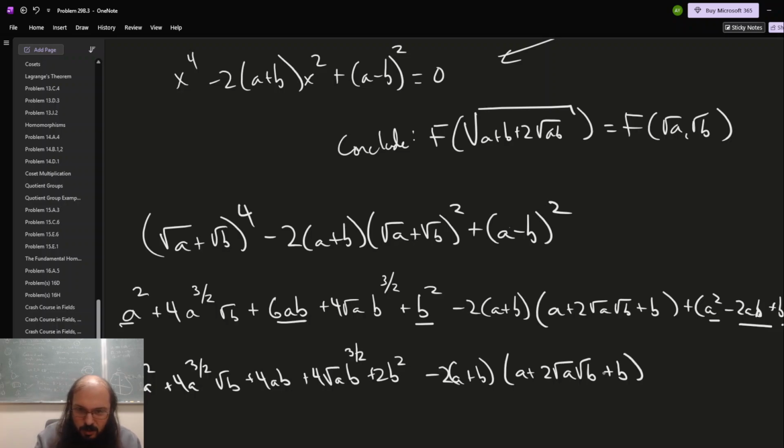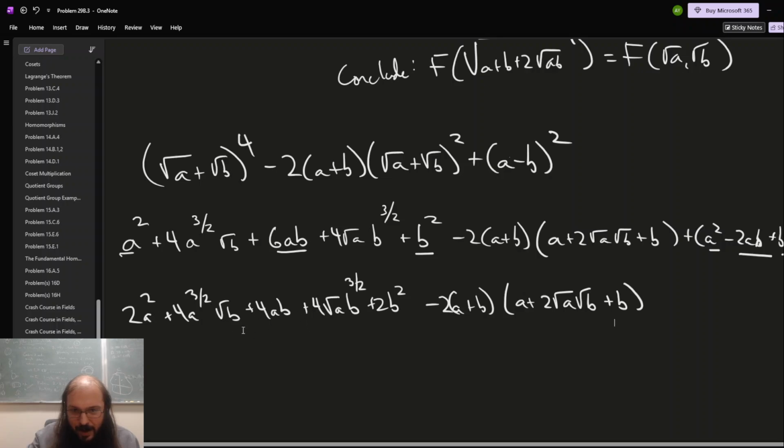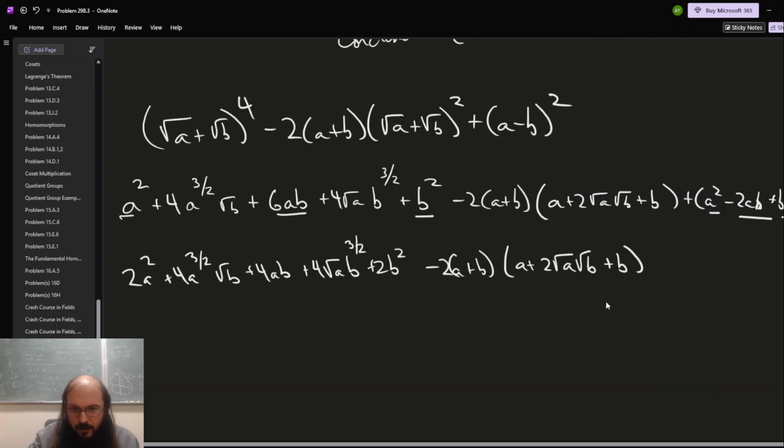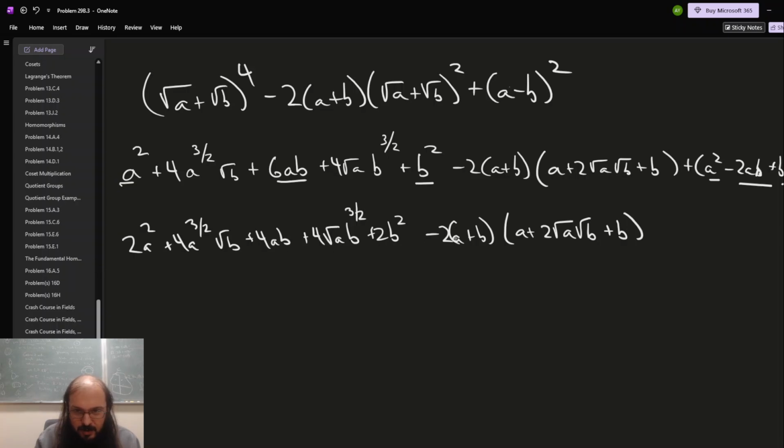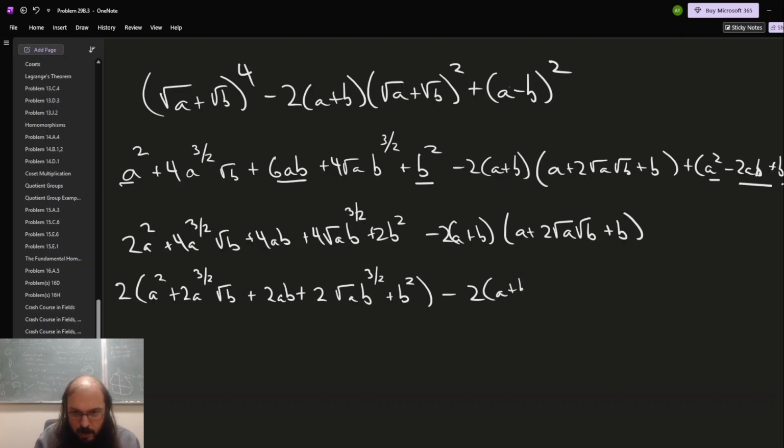And since I know I'm trying to get 0 here, I feel inclined to factorize this in some clever way rather than multiply this out and then see that everything cancels. So I see the 2 in front. I see all my 2's here. 2a squared plus 2a to the 3/2 square root of b plus 2ab plus 2 square root of a b to the 3/2 plus 2b squared, minus 2 times a plus b, times a plus 2 square root of a square root of b plus b.